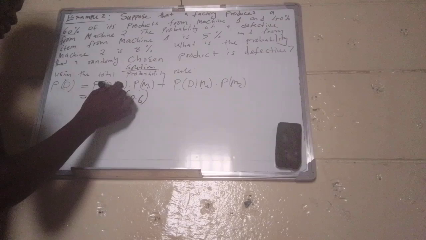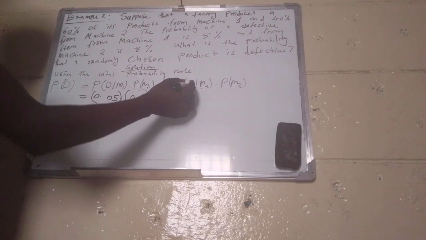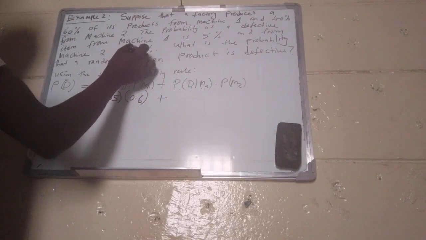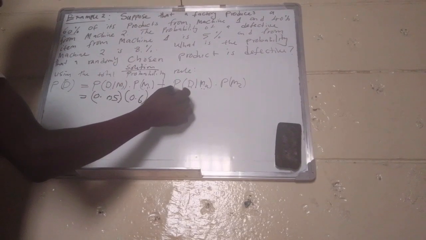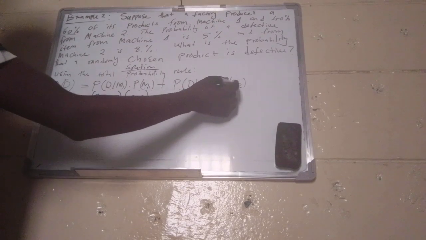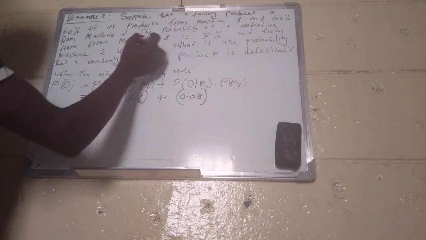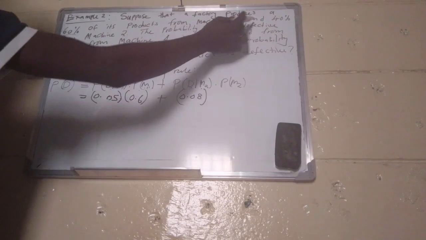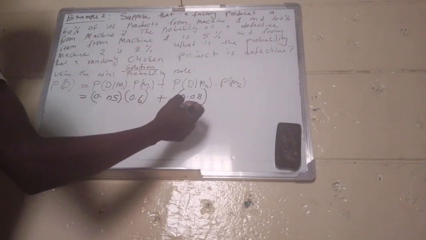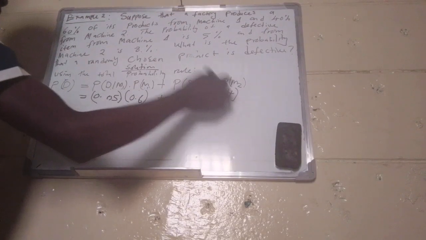So this multiplied by that, plus the probability that a defective item is coming from M2, which is 8%, so this is 0.08, multiplied by probability of machine 2. The probability that the product is made from machine 2 is 40%, which is 0.4.